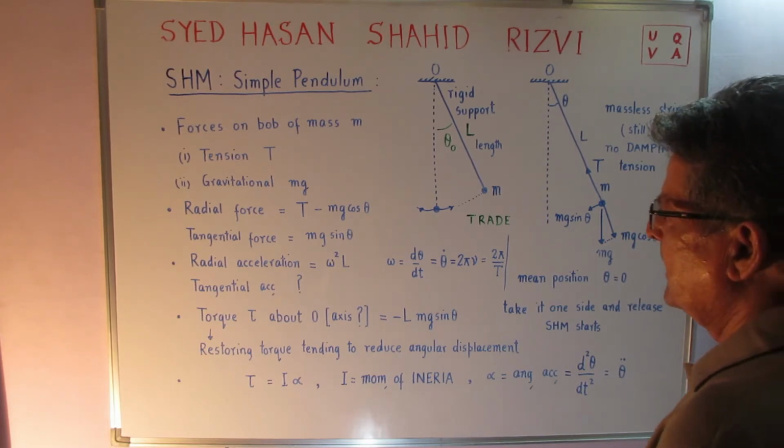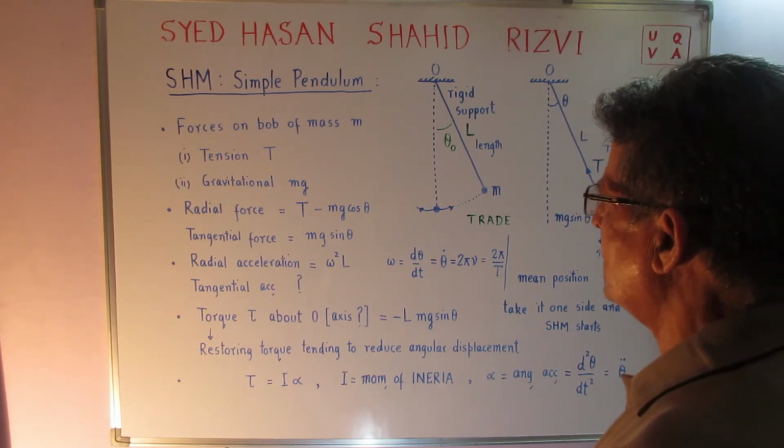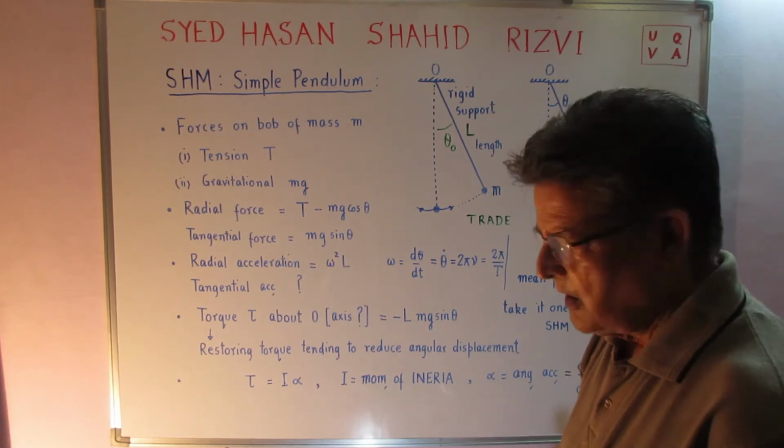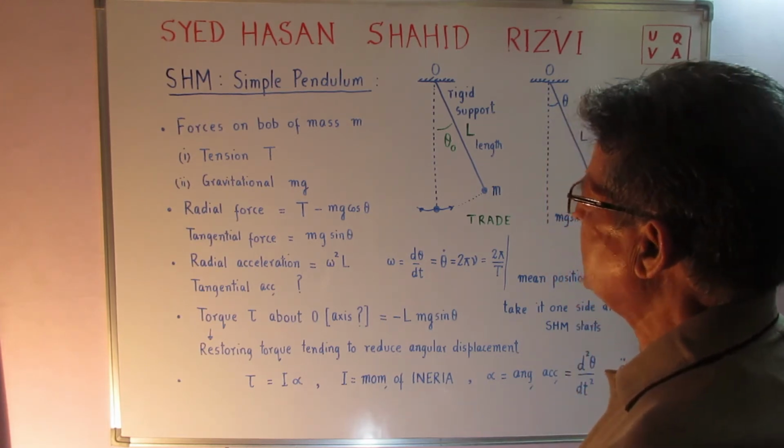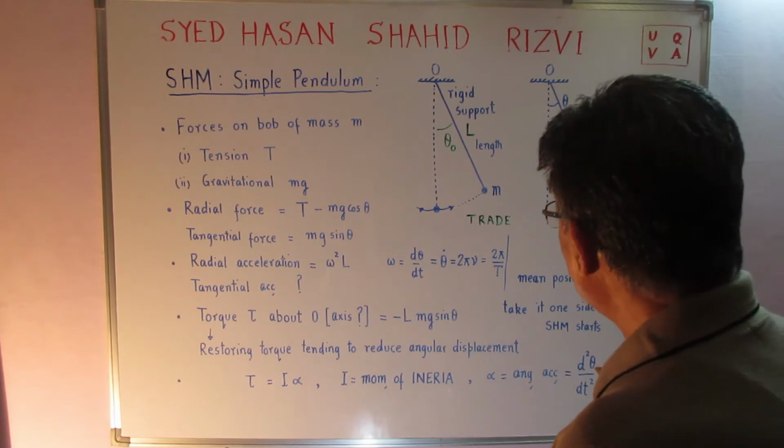Now let's see, what are the forces on the bob of mass m? Our spherical bob. There are two things.